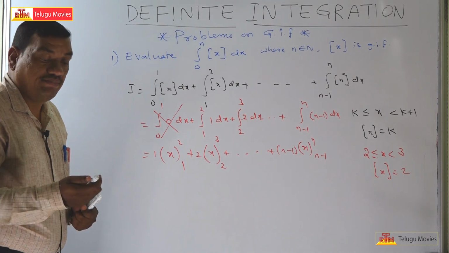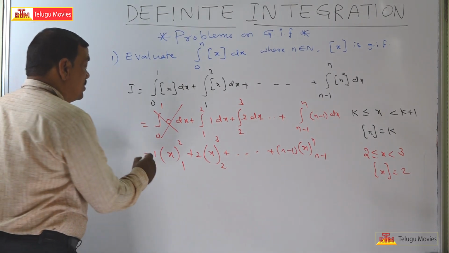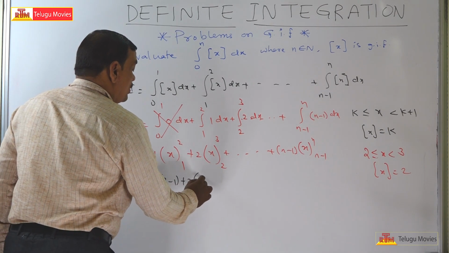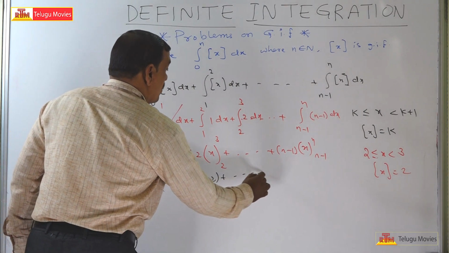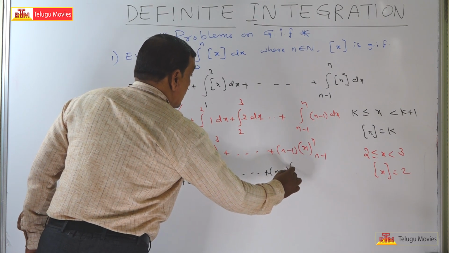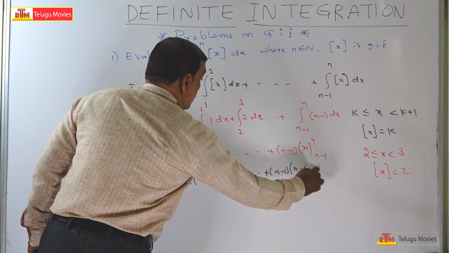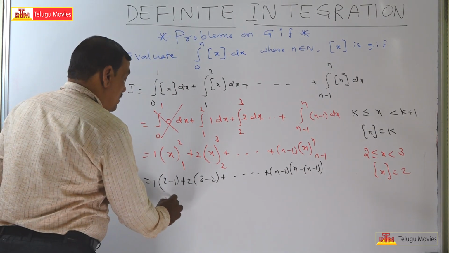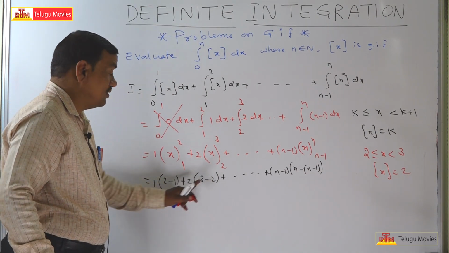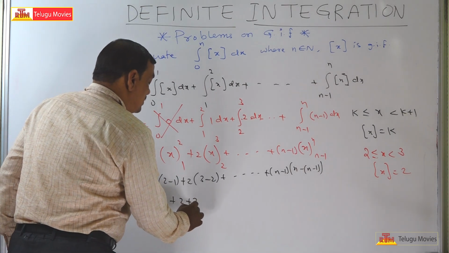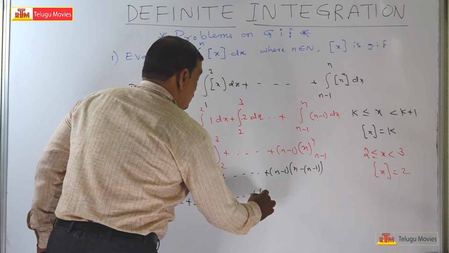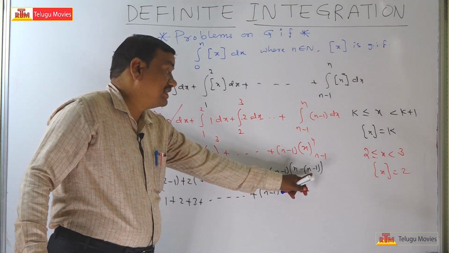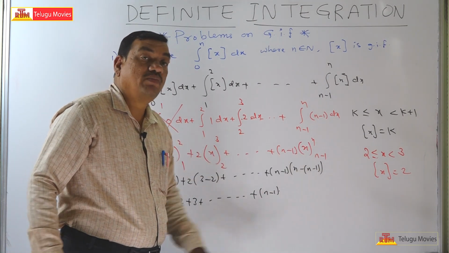Now the simplification part is there. How to do this? So this is equal to 1 into (upper limit minus lower limit), 2 into (upper limit minus lower limit), so on, n minus 1 into (upper limit minus lower limit). So this is 1 into (2 minus 1), plus 2 into (3 minus 2), plus so on, plus n minus 1 into (n minus (n minus 1)).